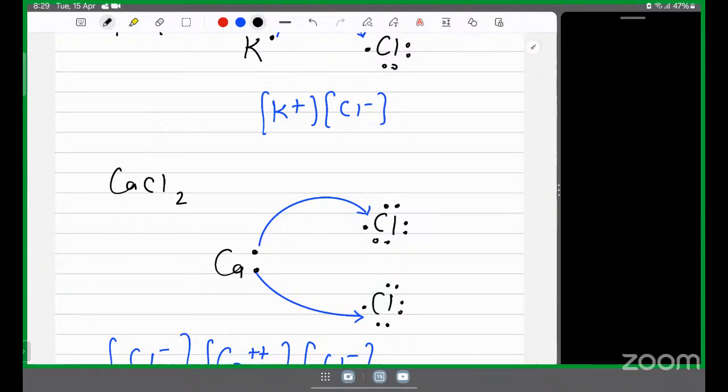But if you melt the ionic compound or mix it with water, you take the ionic compound in aqueous phase, then ions will be free to move. And in that case, electricity can be conducted by the constituent ions in ionic compound.